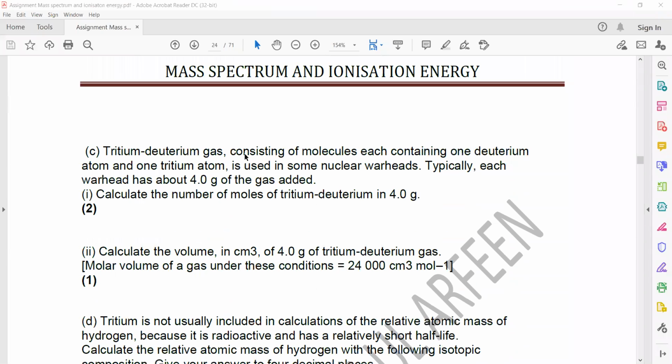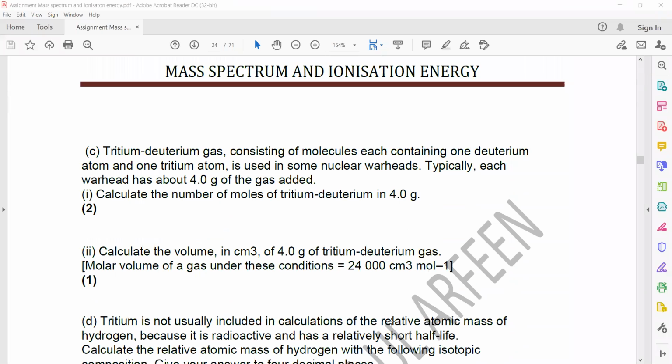Deuterium gas consists of molecules each containing one deuterium atom and one tritium atom. It is used in some nuclear warheads. Typically, each warhead has about 4 grams of gas added. Calculate the number of moles of deuterium tritium in 4 grams. So how can we work out the number of moles? Moles equal mass in grams divided by molar mass.